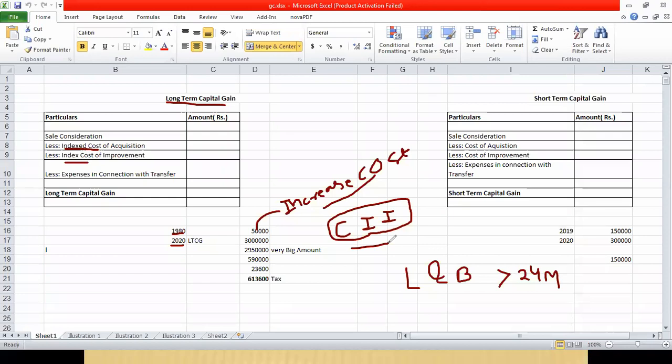Indexed cost means increased cost. Indexation is applicable only for long-term capital gain, not for short-term capital gain. Clear? This much, everybody?